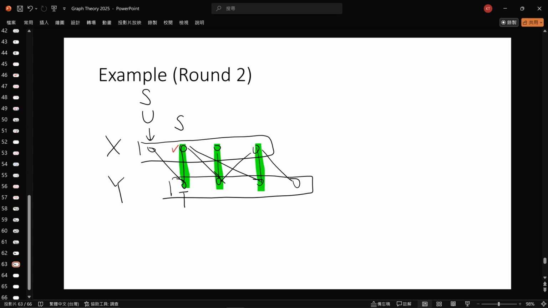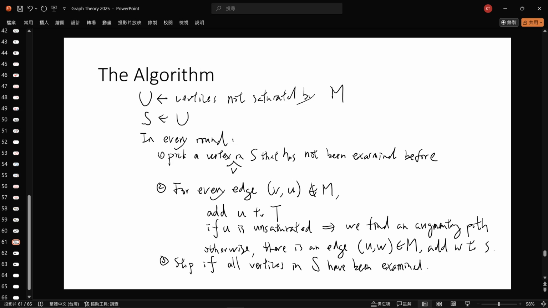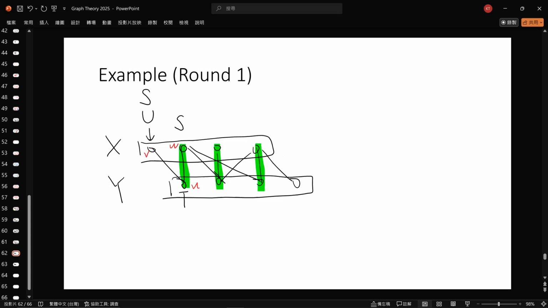So this time we have two edges that go down to the set Y. For each of these two vertices, we're going to check whether it is saturated or not.